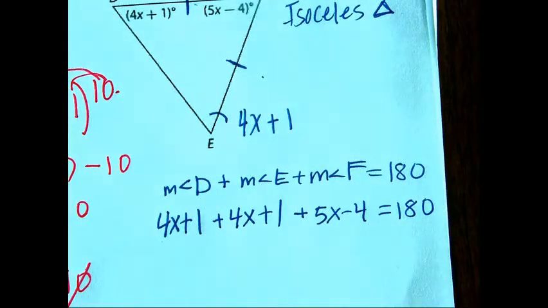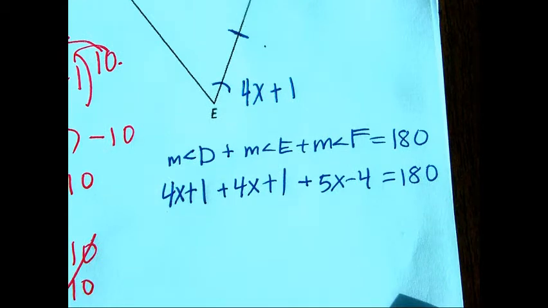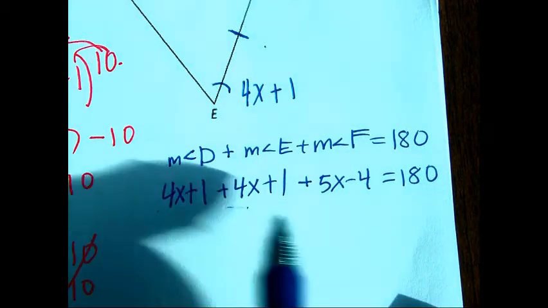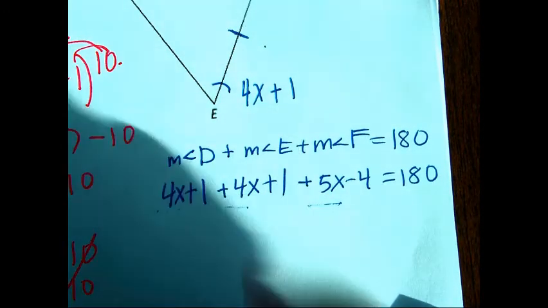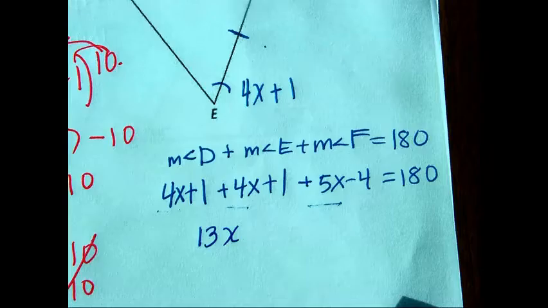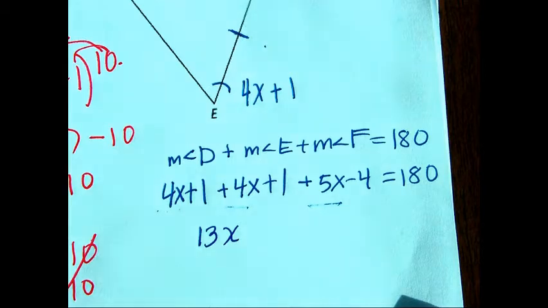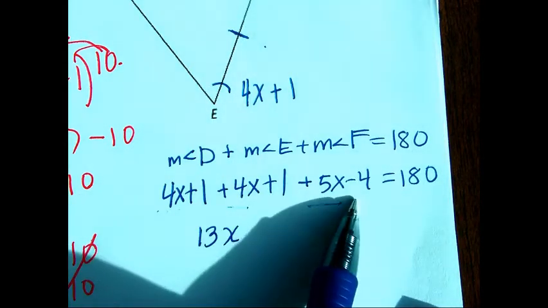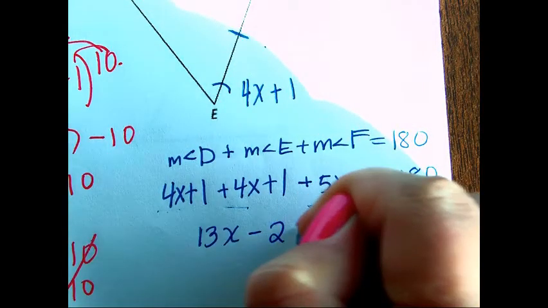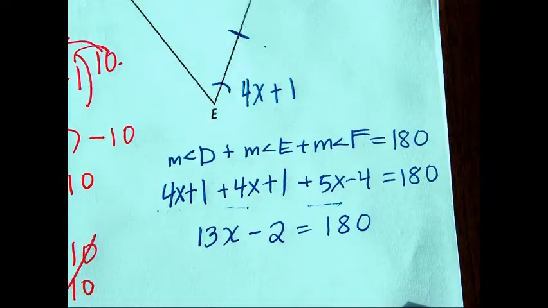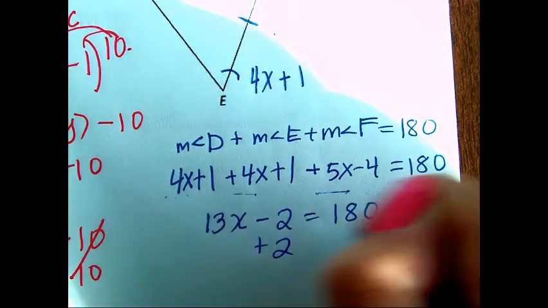Now we're going to combine like terms. So 4x plus 4x plus 5x, 8 plus 5 is 13. And then we have 1 plus 1 minus 4. So we get 2 minus 4, which is minus 2, equals 180. We'll add 2 to both sides.